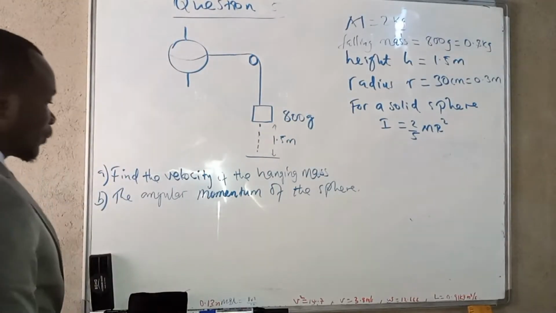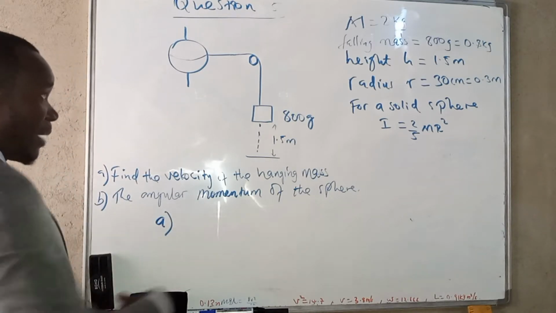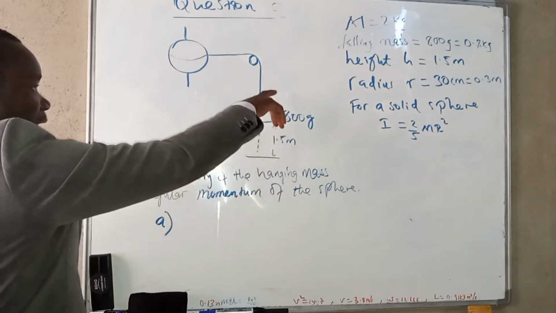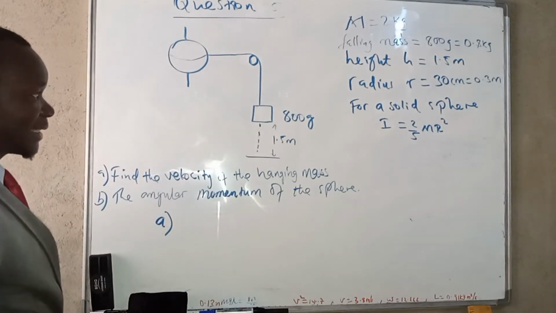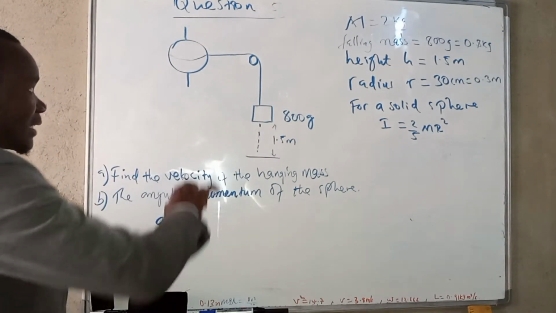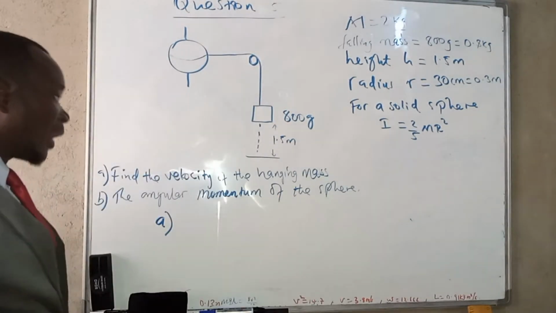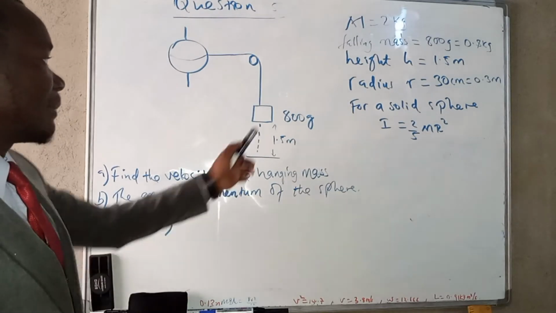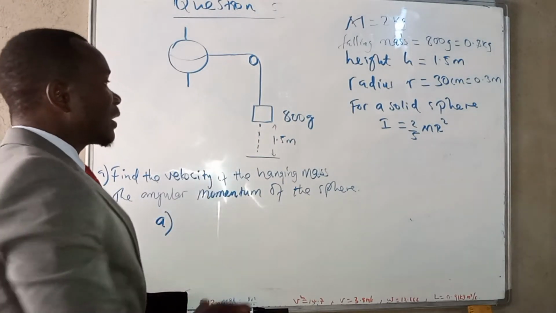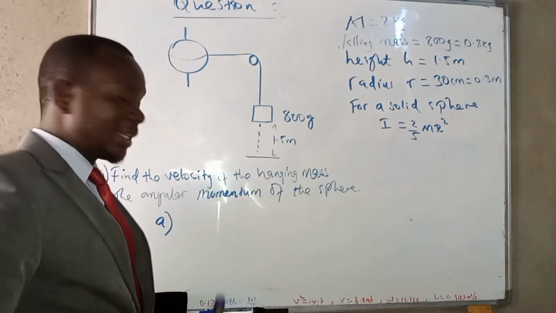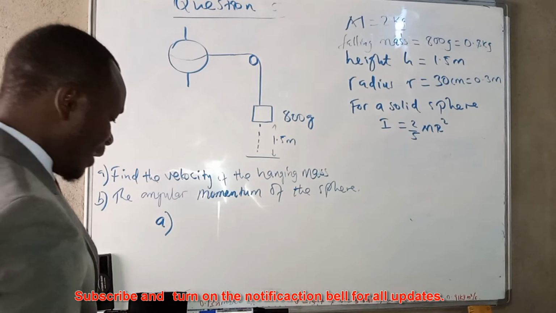For the first part, which is part A, as this mass is falling, it is covering linear displacement, and it is also rotating. So it is very important that we know how the energy changes. In this question, we are going to use the principle of energy conservation.